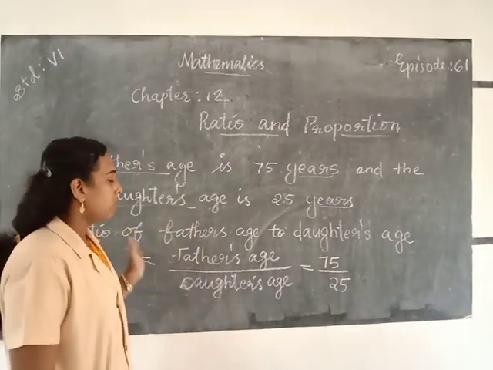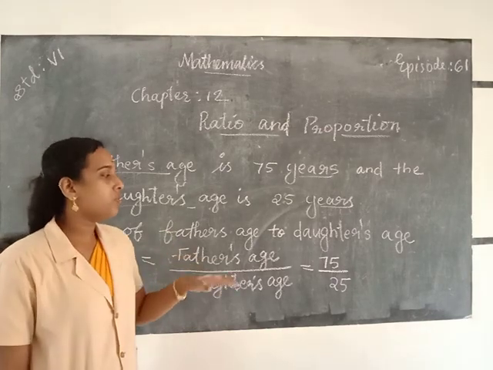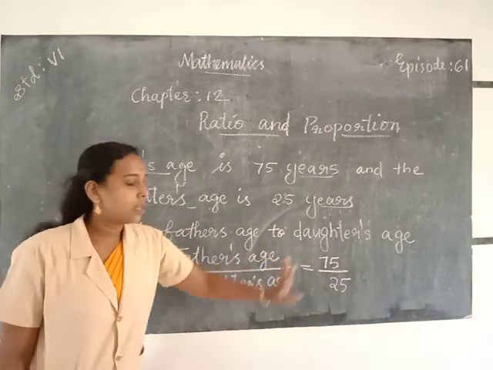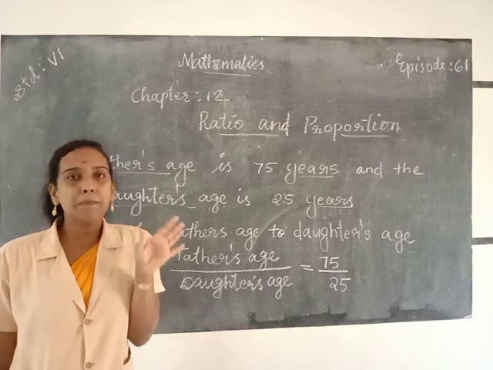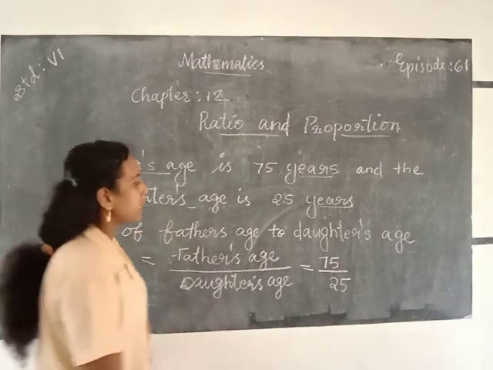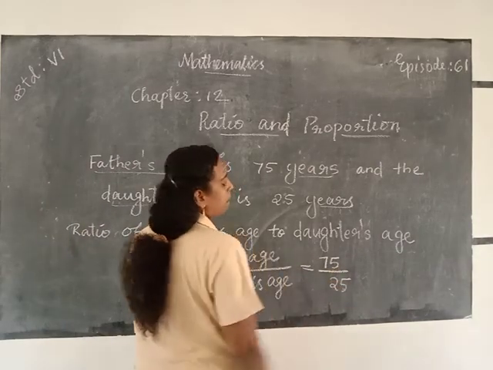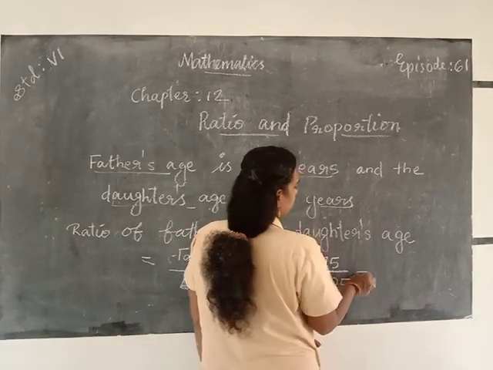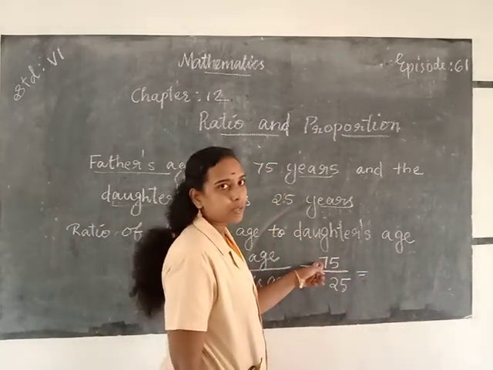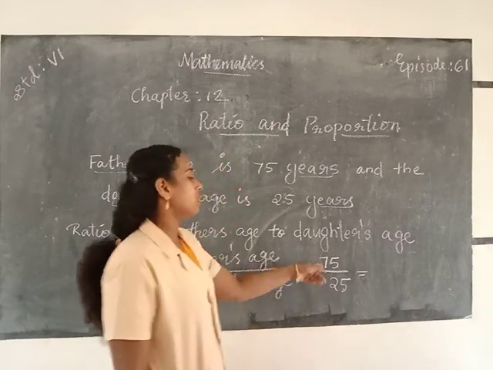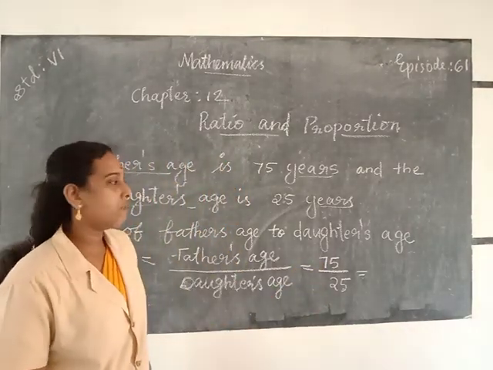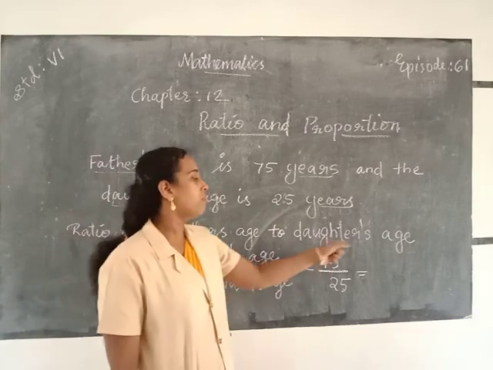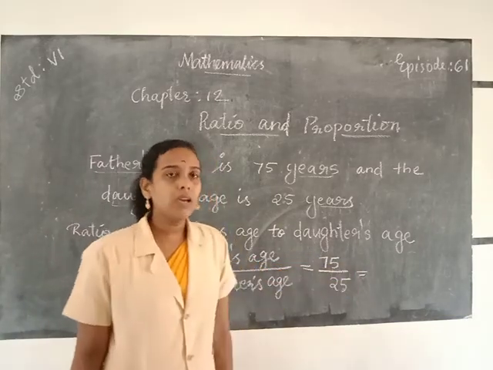Then to write the ratio, we want to convert this fraction into the simplest form. Here we can see that these two are multiples of 5. 5 is a common factor of 75 and 25, so we divide 75 by 5 and 25 by 5.